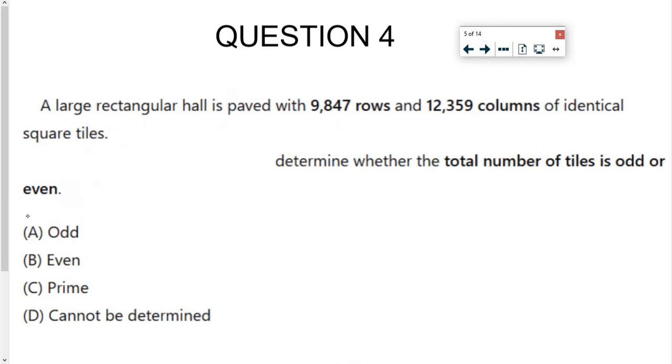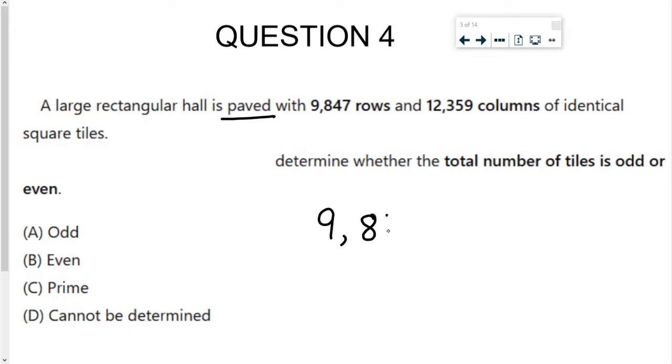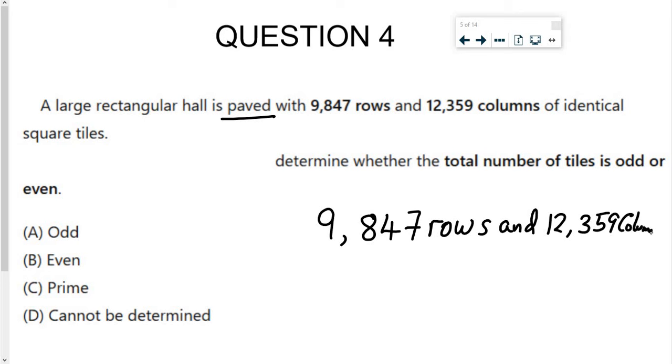The next question. A large rectangular hall is paved with 9,847 rows and 12,359 columns of identical square tiles.